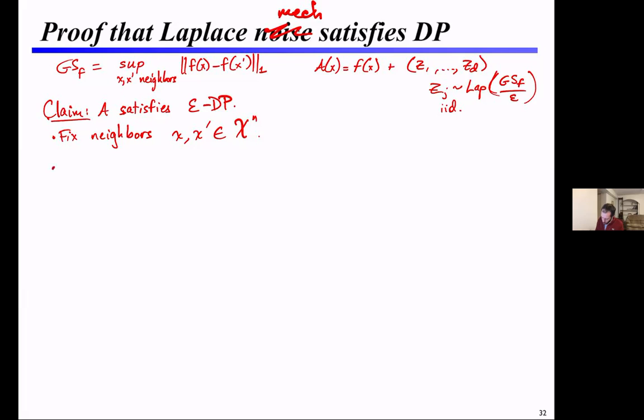And now we're going to proceed similarly to the way we did with randomized response. We're going to look at the probability, or more formally the probability density, with which some particular output is produced.